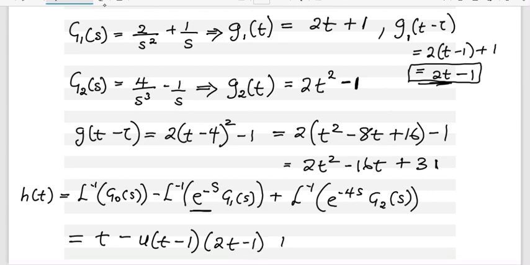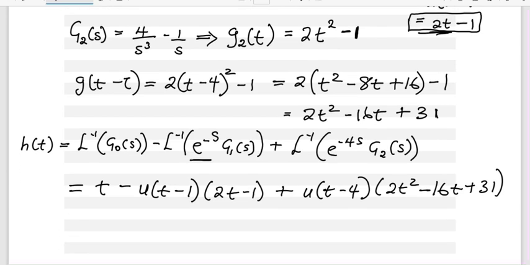We do the same here, u of t minus 4. I'm just applying the theorem here, 2t squared minus 16t plus 31. And this is the inverse of the function.